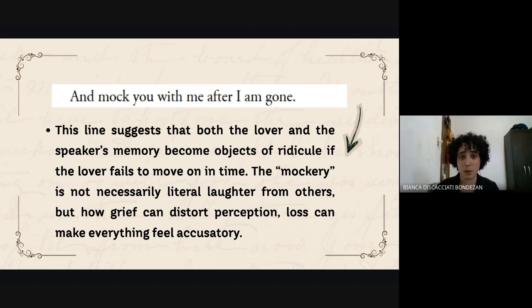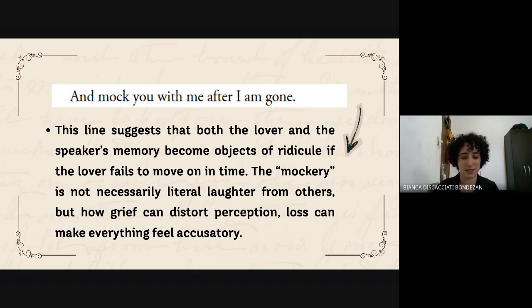at that person who is mourning, because mourning is a very natural process to people. But it's the idea maybe that grief can make you feel exposed. Grief can make you feel watched and observed and judged. Even if that's not the reality, everything can feel very accusatory.